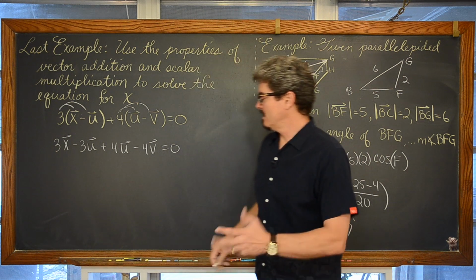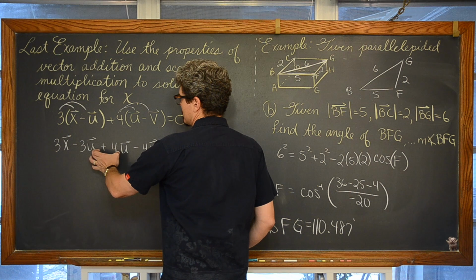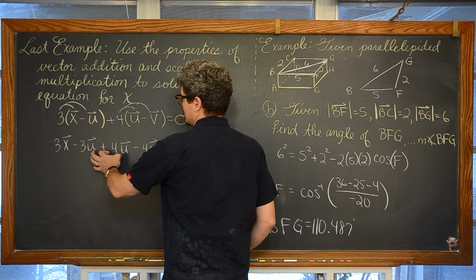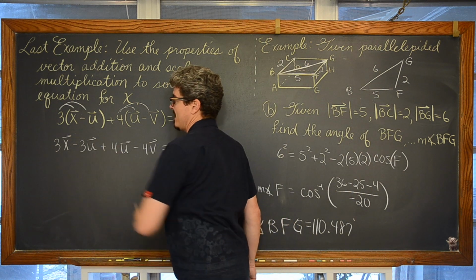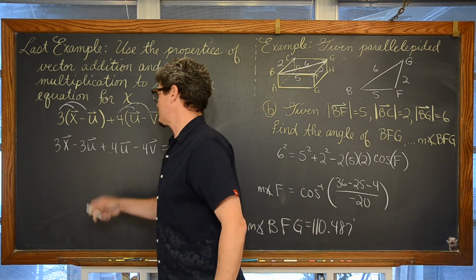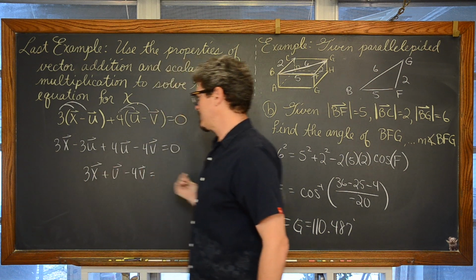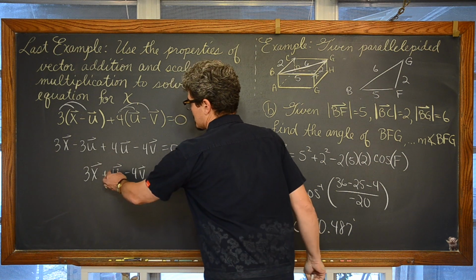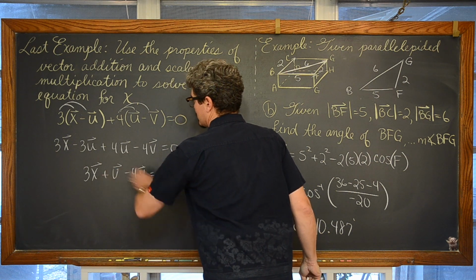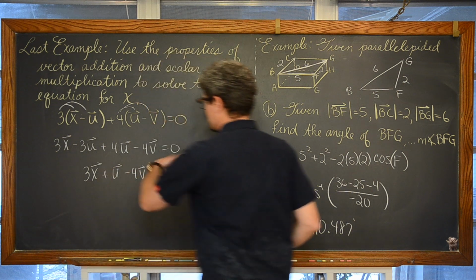Well, when you're looking at this vector notation, one of the properties for the addition of vectors allows you to just add those scalars. So negative 3 plus 4 is 1. We're not there yet. We're going to move everything over with the opposite of the addition of vector u, which is to subtract it.